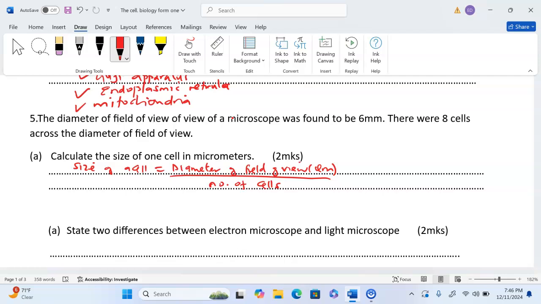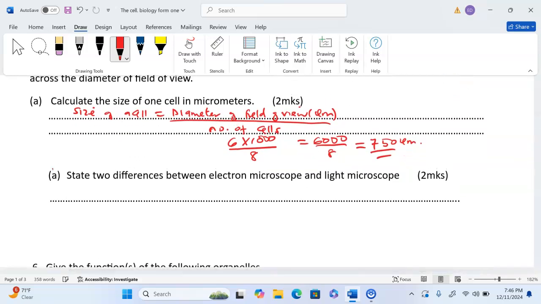We take 6 millimeters, we multiply with 1000 to change them into micrometers. Then we divide by the number of cells observed, which is 8. This gives us 6000 divided by 8, giving us exactly 750 micrometers.